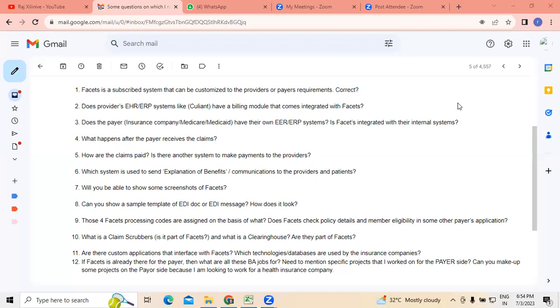Now, when we talk about a member, a person who has a health insurance plan is called a member. Whoever has a health plan, when we talk about this membership, this person may be a healthcare provider also. For example, a doctor, or maybe a nursing staff.